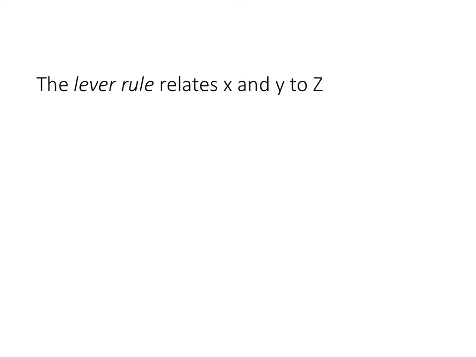Next, I want to talk to you about the lever rule, because the lever rule is going to allow us to draw where Z is on that PZ phase diagram that you saw in the last few slides. So I'm going to try to draw at least a crude rendition of that PZ phase diagram. Got our 2 points, PB star, PA star.